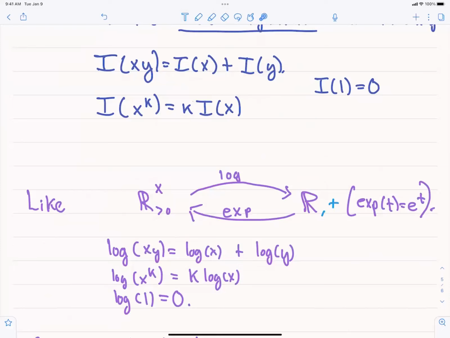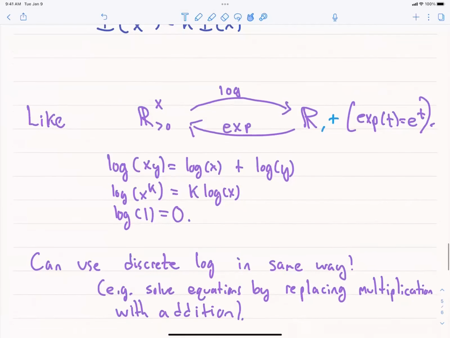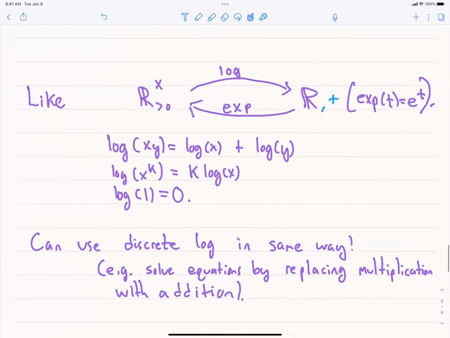And what's most useful about logarithm is that you can use it to solve equations. Equations that involve multiplication are harder to think of or write down solutions to than equations that involve addition. So when you see equations that involve multiplication, like for the real numbers, a good way to handle them is to apply the logarithm to turn them into equations that involve addition.